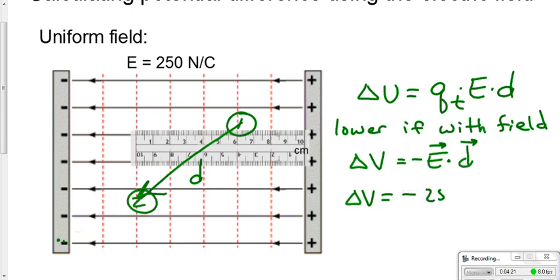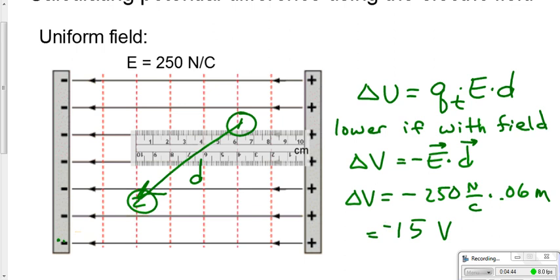So 250 newtons per coulomb times, I'll convert this to meters, 0.06 meters. And we get 15, in units of newton meters per coulomb, or volts.